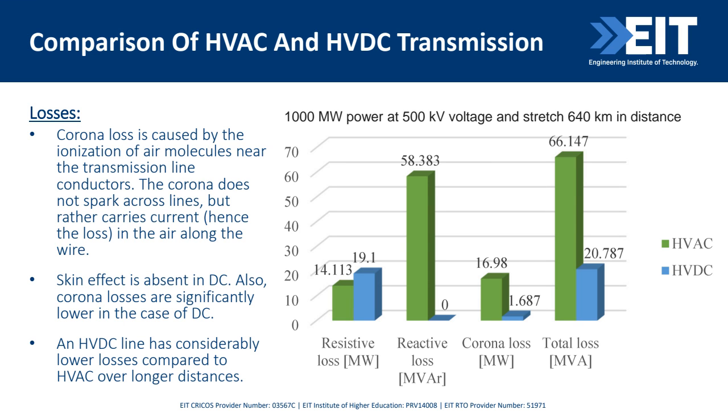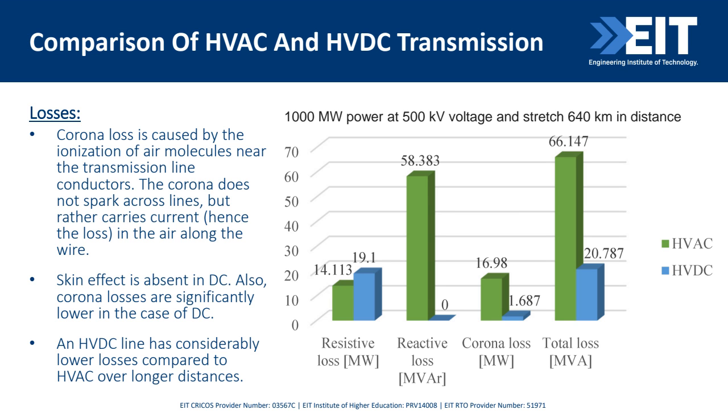So altogether, the total loss is more than 3 times lesser than the HVAC. So we can save a lot in terms of power losses if we switch to HVDC.